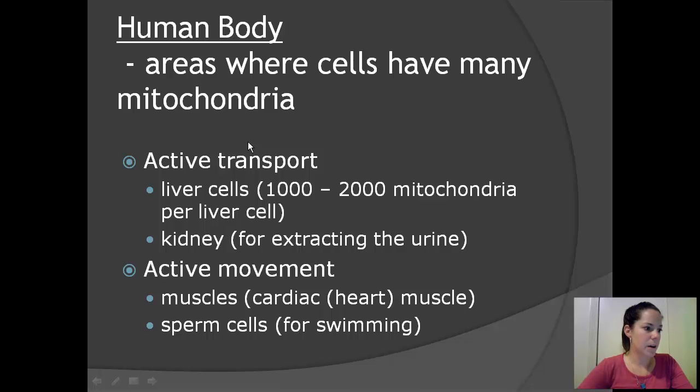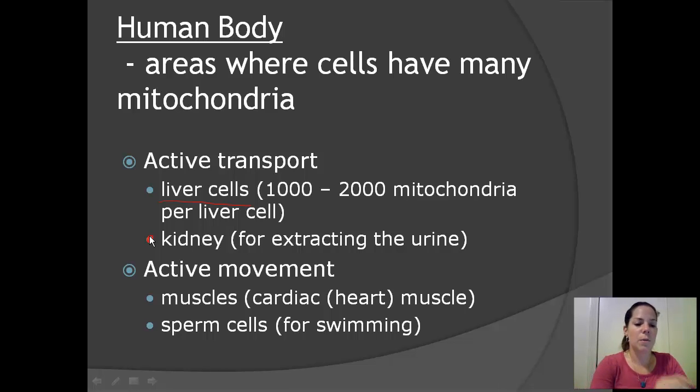So let's start by looking at the areas in the body that do a lot of active transport. Liver cells actually have 1,000 to 2,000 mitochondria per liver cell because so much active transport is taking place as the liver is constantly filtering all the blood. The other place where a lot of active transport takes place is the kidney, as it is extracting the urine from the bloodstream for excretion.